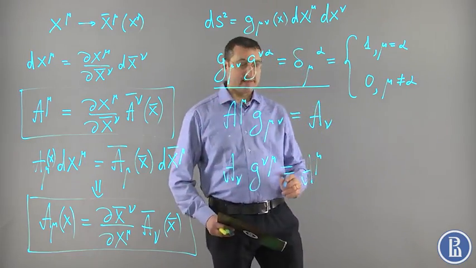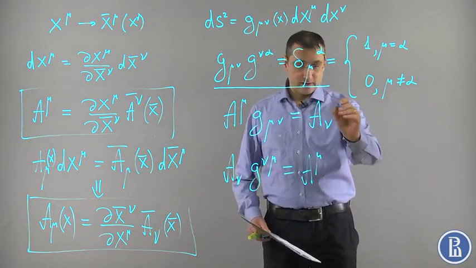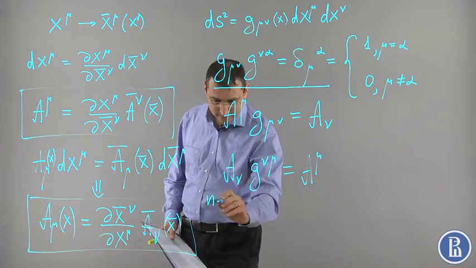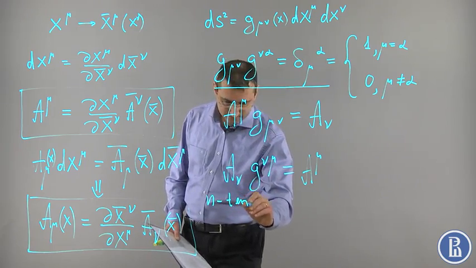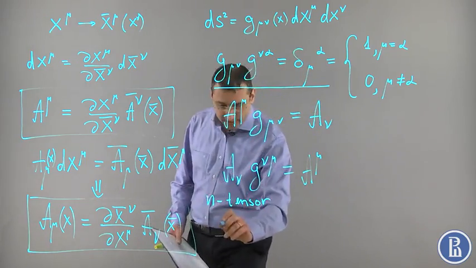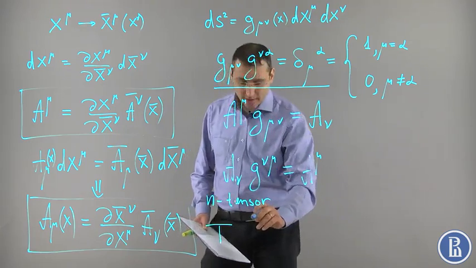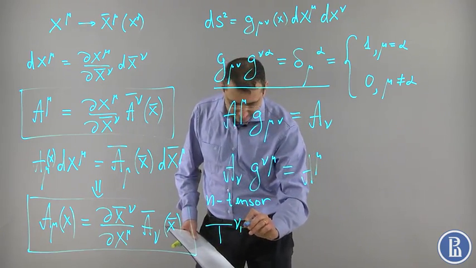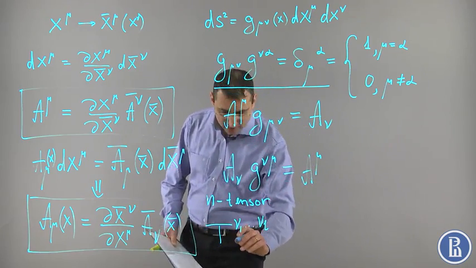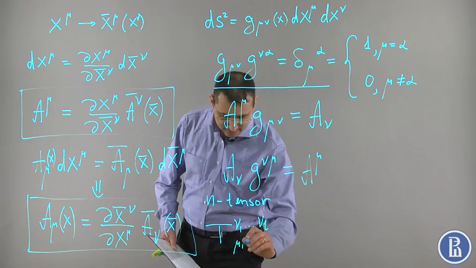Now, what is a tensor? An n-tensor is the following quantity. It carries n indices, some of which are upper and the others are lower.